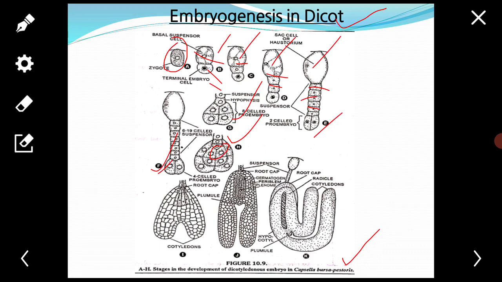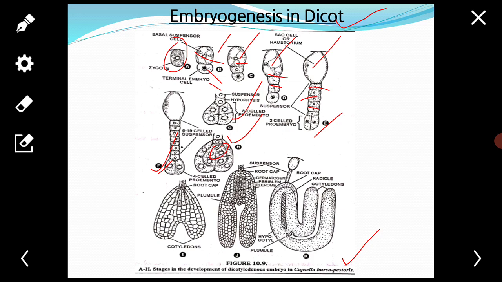After this, the 8-celled octant becomes 16-celled: 8 external protodermal cells and 8 internal cells.